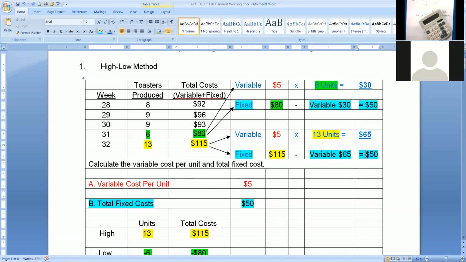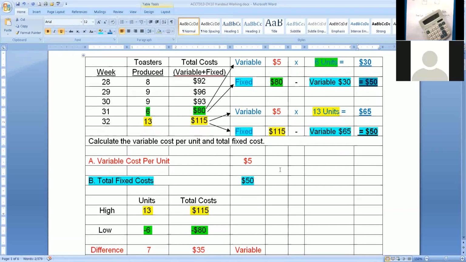So these two are exactly the same, and this is what you'd expect, right? If they're fixed, for instance, if this was your rent, if your rent was $50, and someone says, "What's your rent?" Well, it's $50. It's not going to change. So you can actually check your answer on these.